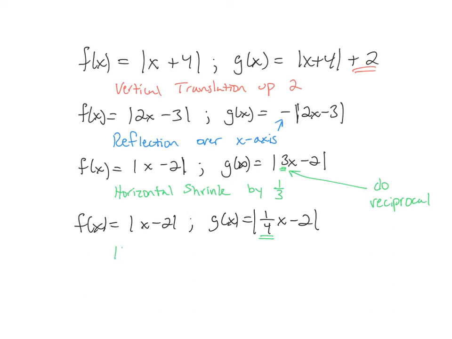But since this one's between 0 and 1, it's a horizontal stretch by, and again we're going to do the reciprocal, so it would be like 4 over 1 or just 4. Okay, so that's one kind of change.